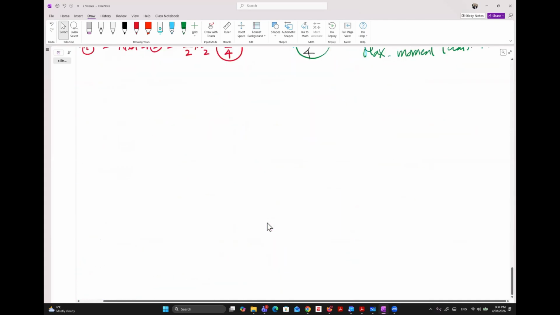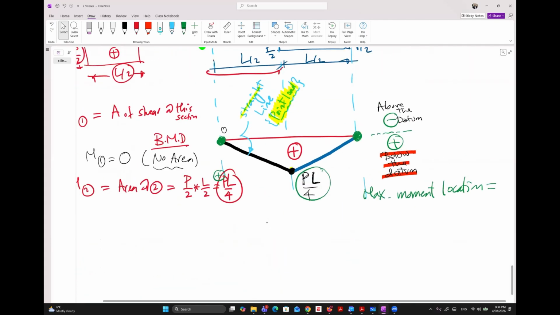After you draw the bending moment diagram and shear force diagram, you now know where is the maximum location of the shear and bending moment. Is that correct? That's why we need to know how to calculate the shear force and bending moment diagrams.